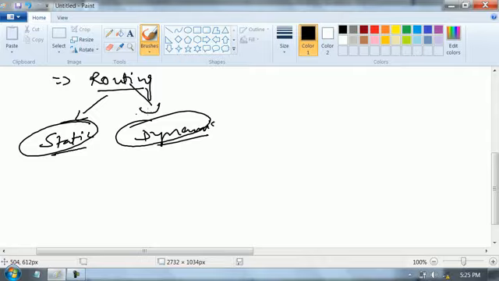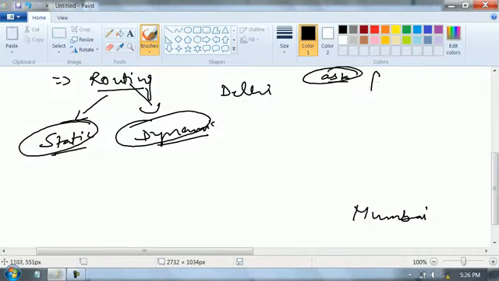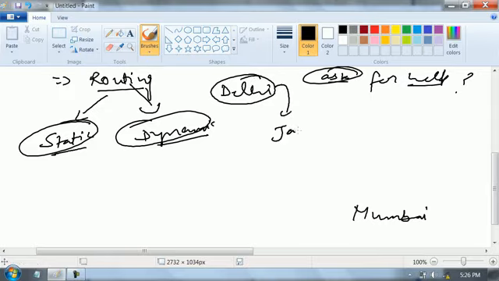Okay, let's say I am in Delhi and I want to reach Mumbai. So I will ask for help: I want to go to Mumbai, please tell me the way. Now someone can tell me, you can go to Jaipur.